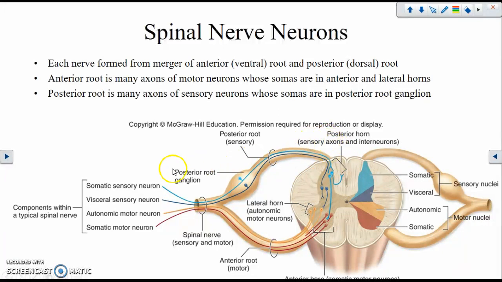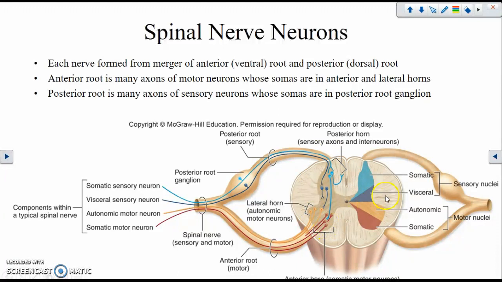Sensory meaning that they are actual sensations from multiple regions of the body that enter and eventually make a synapse with interneurons in this region of the spinal cord. The take home here, folks, is the posterior portion is primarily sensory and the anterior portion is primarily motor.